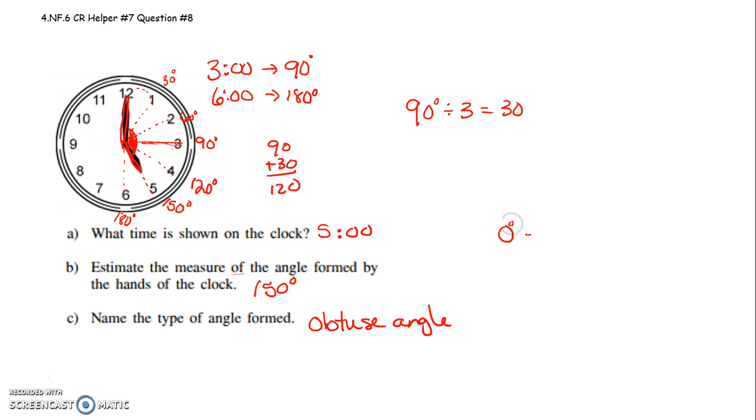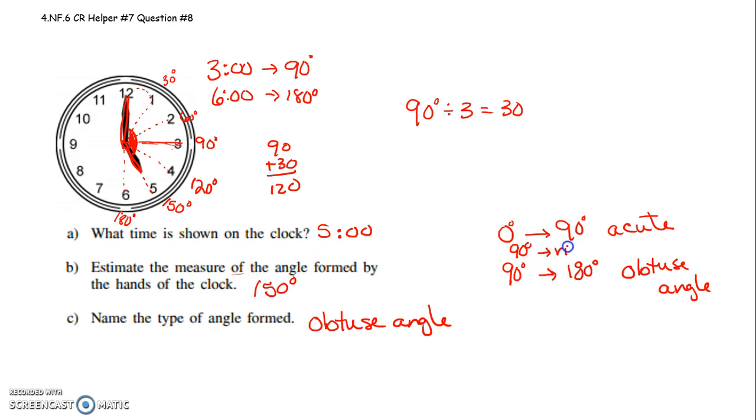Between 0 and 90, that would be an acute angle. Between 90 and 180 is an obtuse angle. And then if you have a 90-degree angle, that is called a right angle. If you have a 180-degree angle, that's called a straight angle.